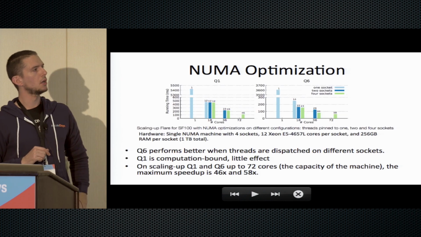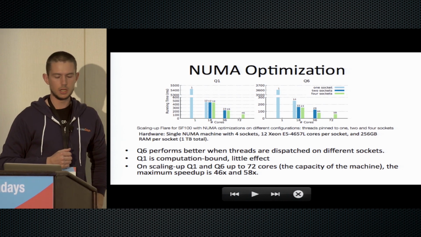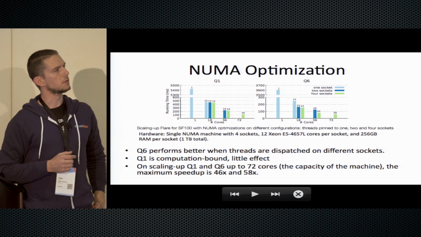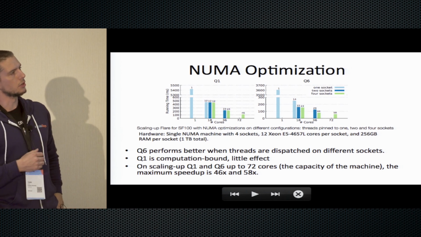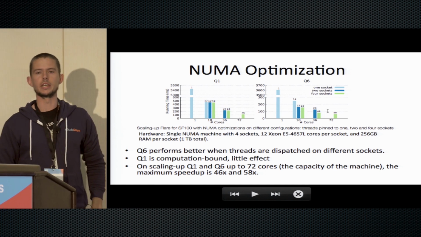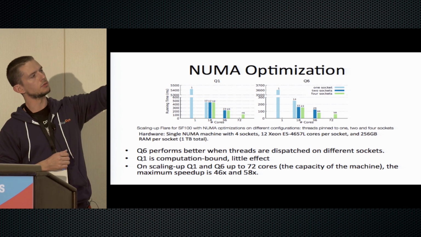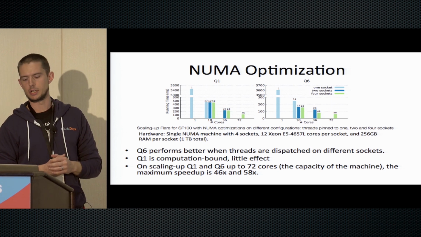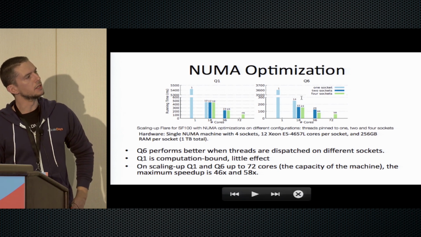And once we do that, we actually see very good scaling for higher numbers, of course. So on the right, again, this is query 6. And you can see that for 72 cores, we still get a speedup of 58, right? So that is pretty good. And what is interesting, actually, if you look at this graph in more detail, is that if you look at these bars here, right?